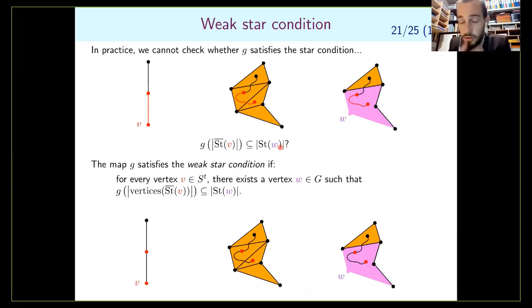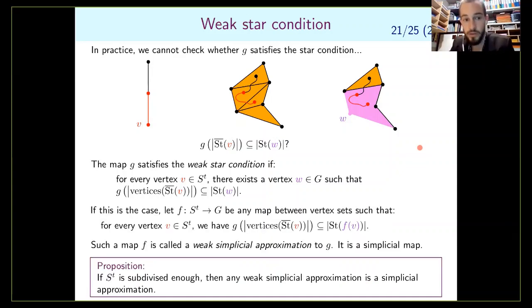So I propose a weaker version of the star condition. It is called the weak star condition, and you simply ask for the vertices of the closed star of V to be included in the open star of W. This can be computed in practice. So you can also define weak simplicial approximations. For every vertex V, you choose a vertex W that satisfies the weak star condition.